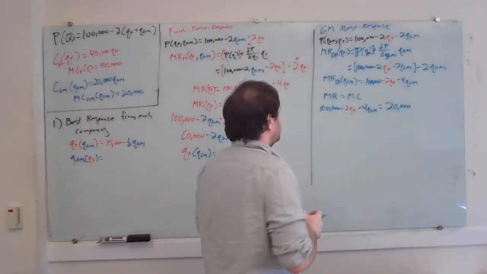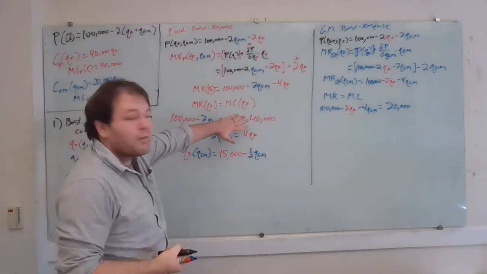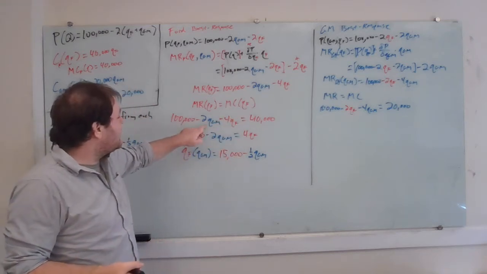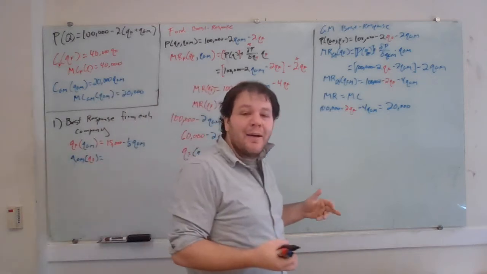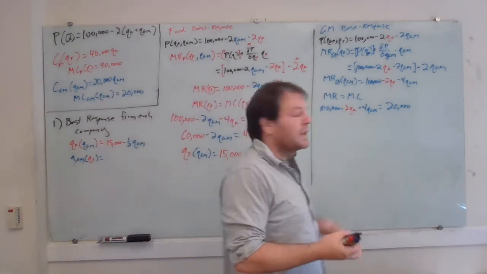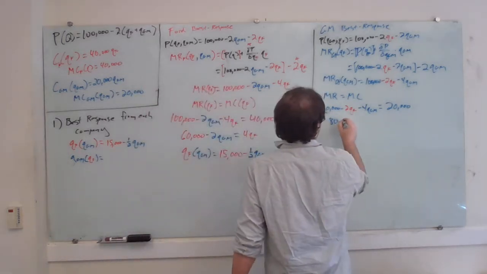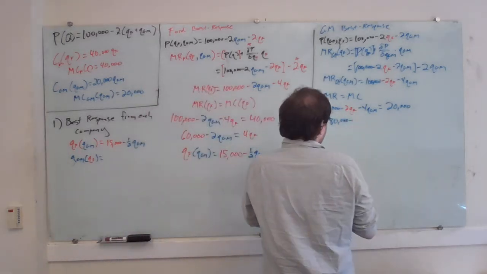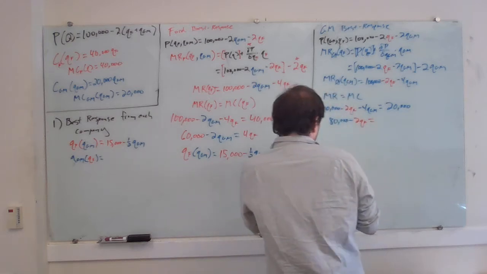If I solve this in terms of QGM, to pause for a second, when we were over here, we were treating QGM as a constant, trying to solve for QF. Now we're doing exactly the opposite. We're treating QF as a constant, trying to solve for QGM. So we can say 80,000 minus 2QF has to equal 4 QGM.